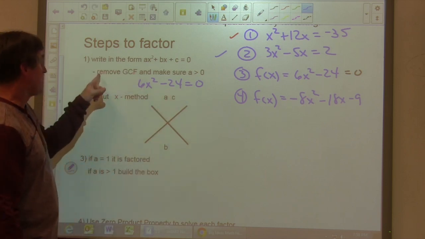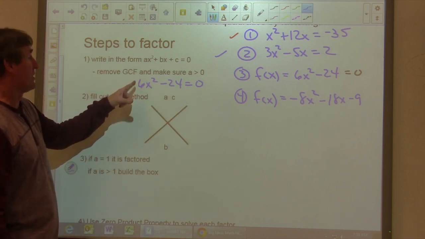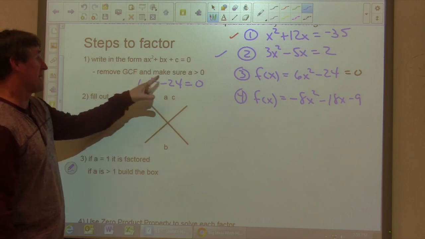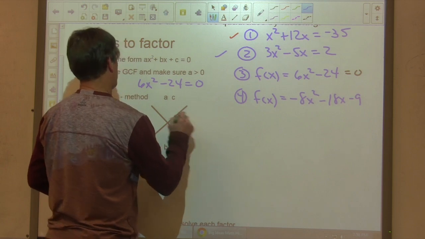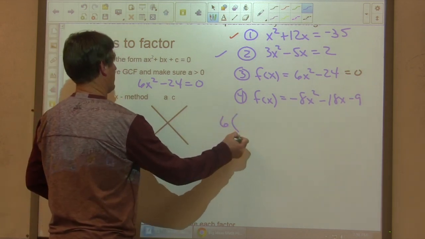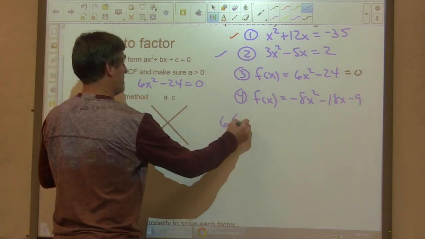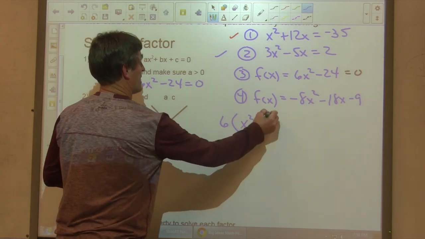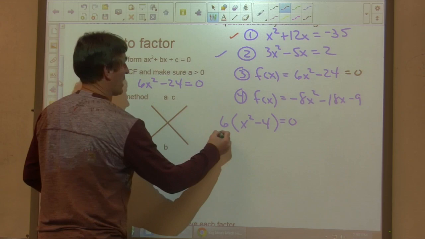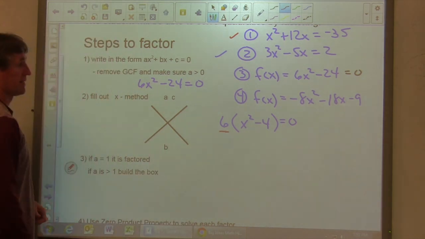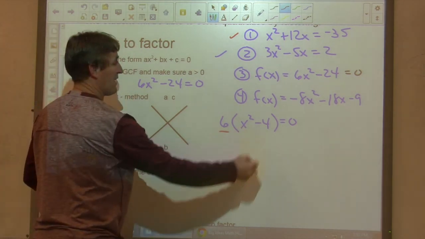But the first thing we want to do is remove the greatest common factor. So is there something that goes into 6 and negative 24? That would be 6. I can pull the 6 out, and I get x squared minus 4 equals 0. Again, we're not going to worry about this 6. We only worry about things that have x's with them.